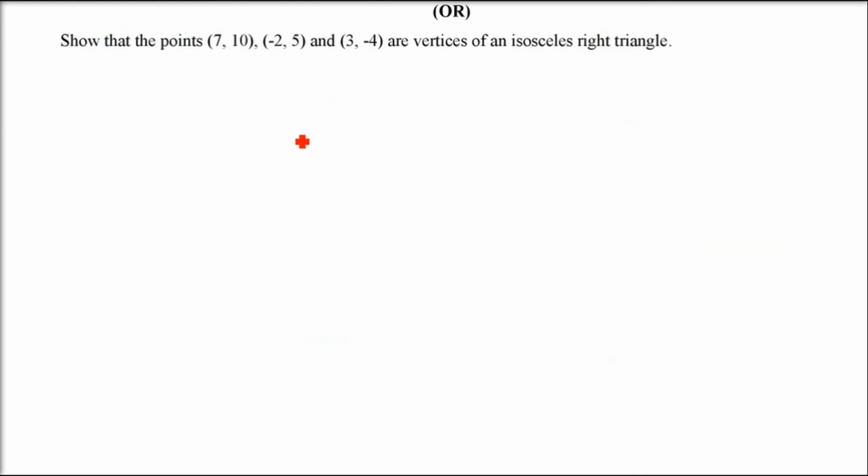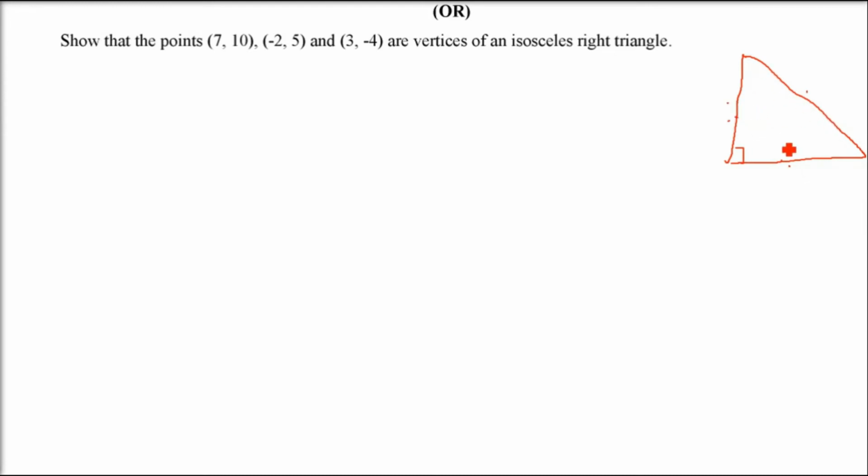And this is the question. Show that these three points are the vertices of an isosceles right triangle. If a triangle is a right triangle, one angle will be 90 degrees. If it is isosceles, that means two sides are equal.